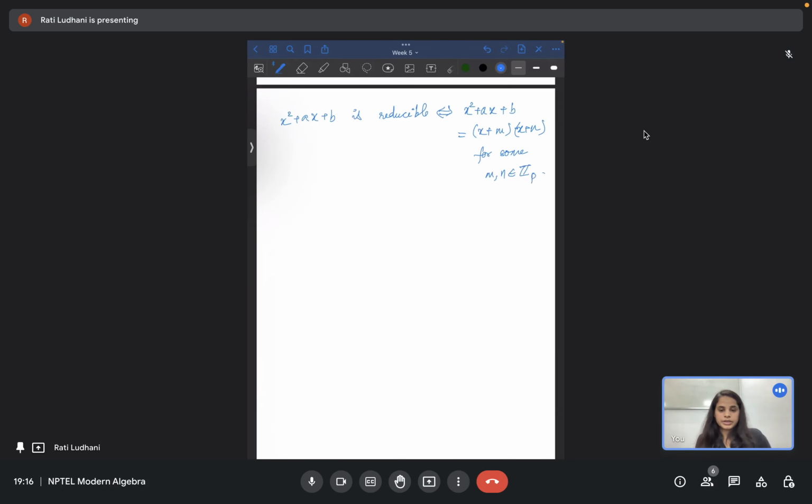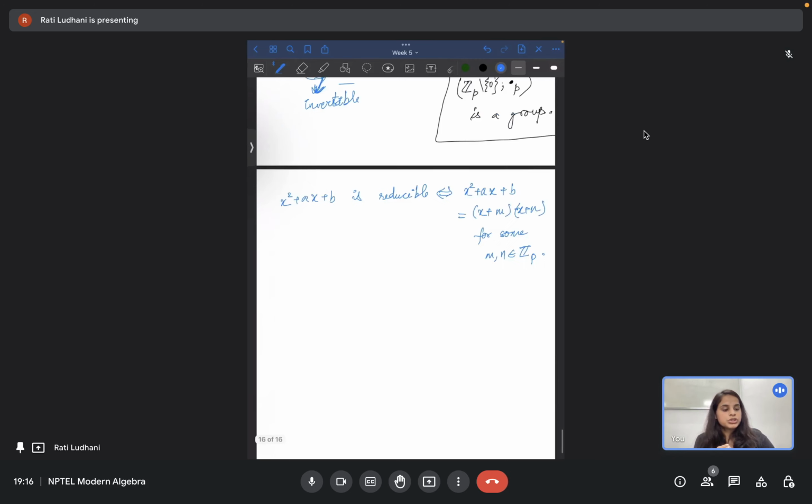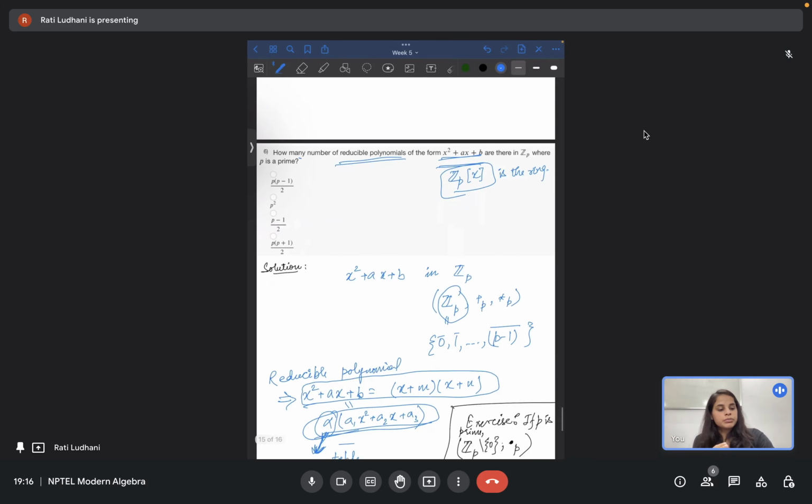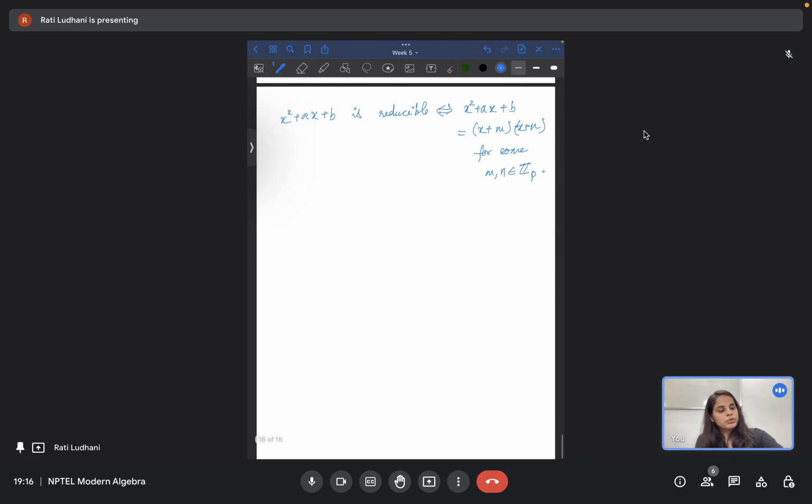You are in Z_p, that is also important. Now the question was to count how many reducible polynomials there are of such kind. If you can count this thing, then you can count this value. So let's count how many x plus m and x plus n you can have in Z_p.